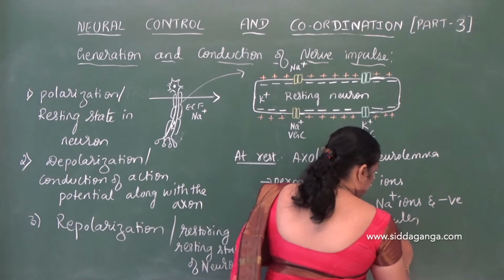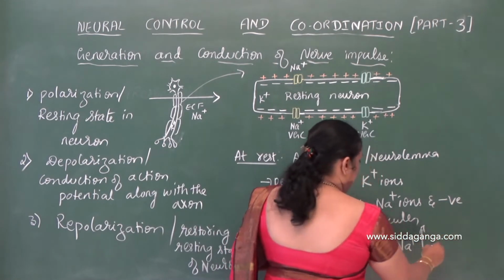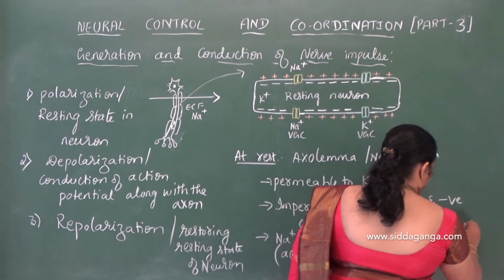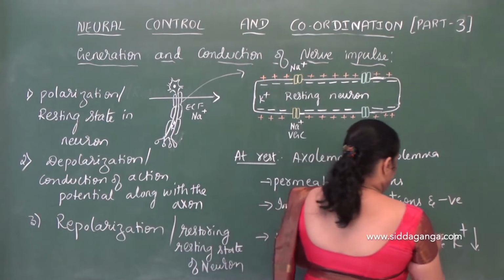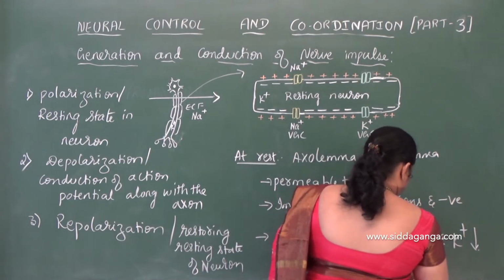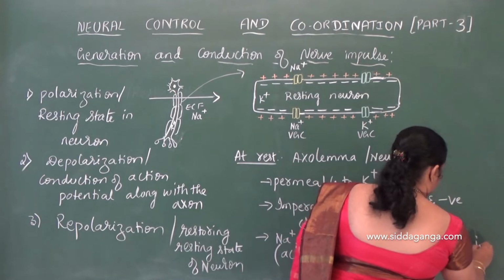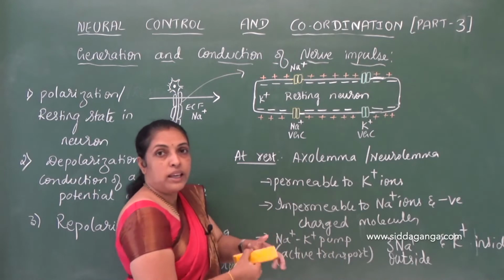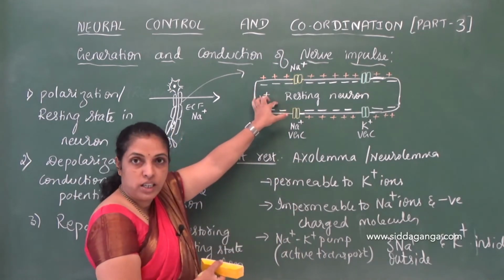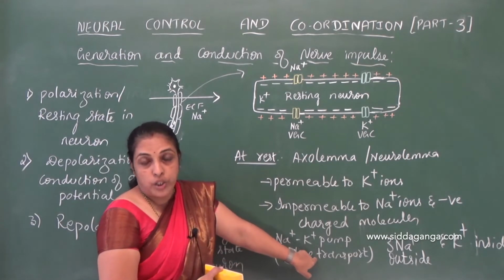It sends 3 sodium outside and 2 potassium inside. So when neurons are at rest, we see active transport by the sodium potassium pump.